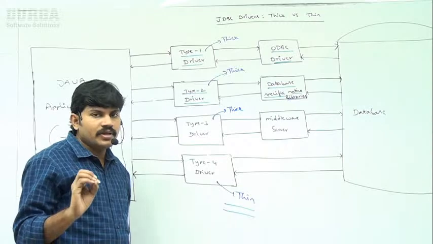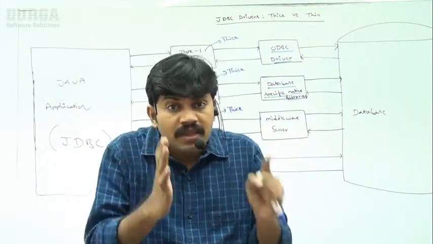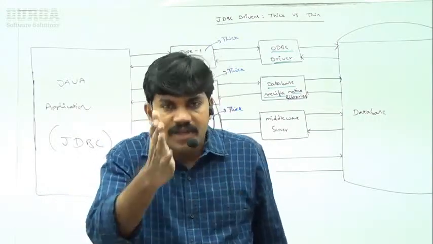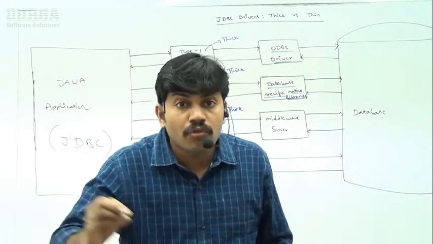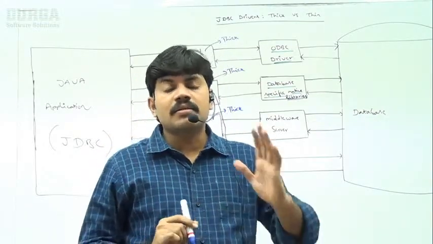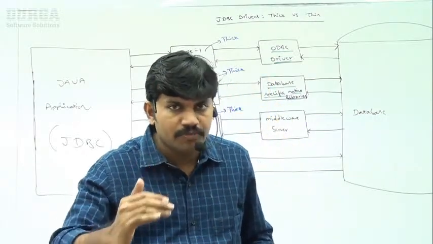Clear, right? So, in the interview room, if any person asks what is the difference between thick driver and thin driver, okay? If the database driver requires some extra component to communicate with the database, such a type of driver is called a thick driver. Examples of thick drivers are type 1, type 2, type 3.